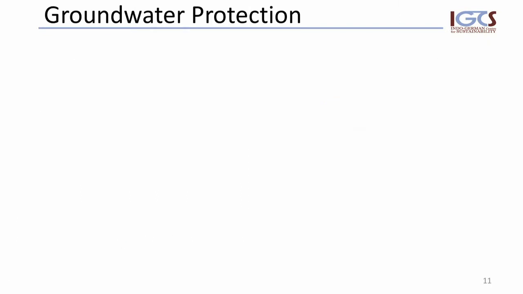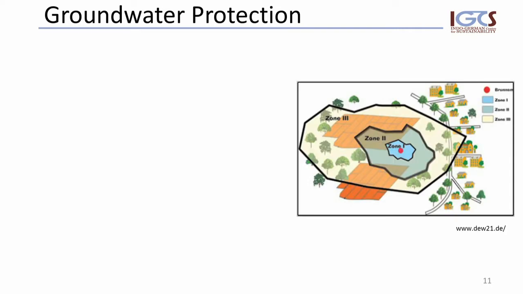Now, the concept for groundwater protection is similar, but a little bit different. You will see why. This is an example map of such a zoning concept for groundwater protection, where this red dot here indicates the location of our borewell, the abstraction point, and then we have again a zone 1, zone 2 and a zone 3 to it.